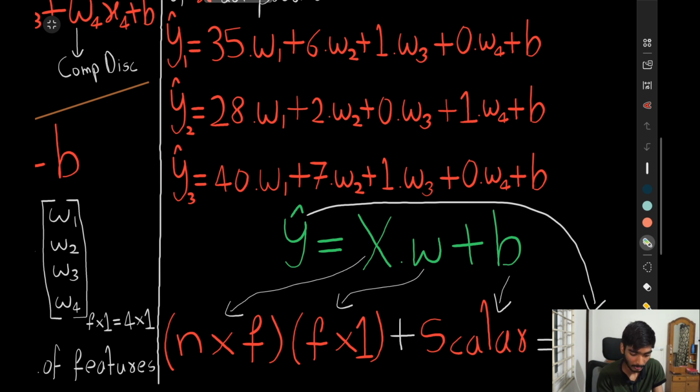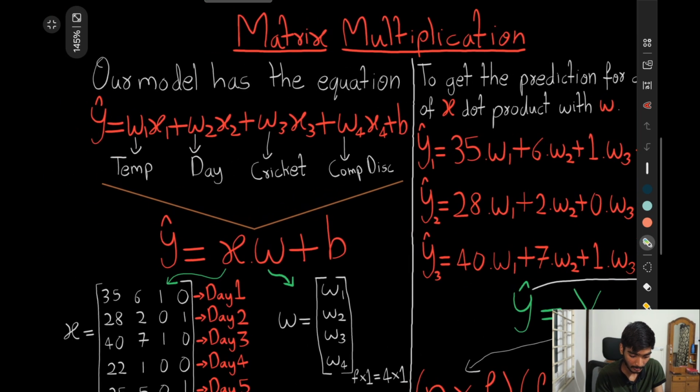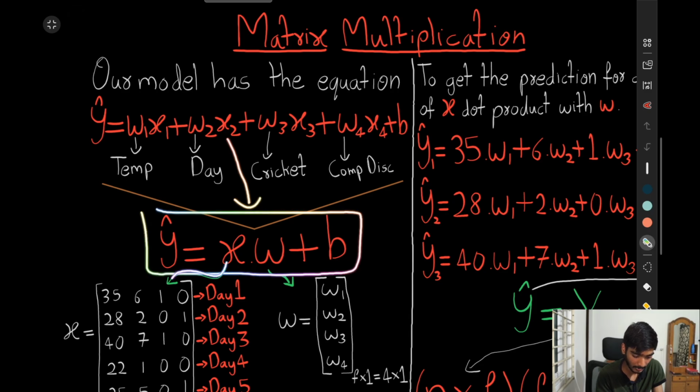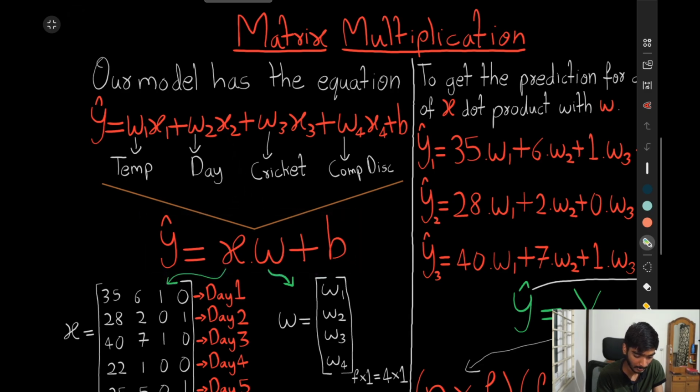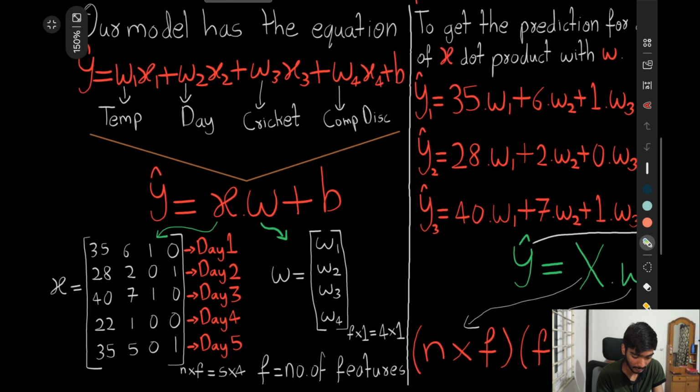So we convert this complex equation into something simple as y equal to xw plus b, where x represents the input matrix consisting of inputs for all the 5 days, where the columns are temperature, day of the week, cricket match and the discount. And w represents the weights of this equation, w1, w2, w3 and w4.